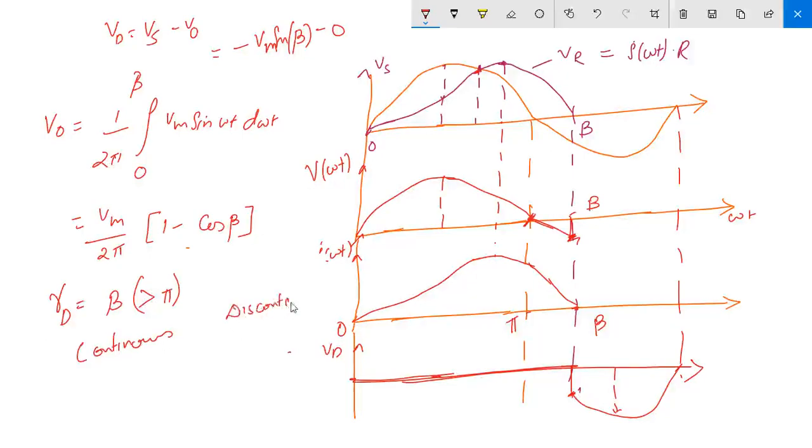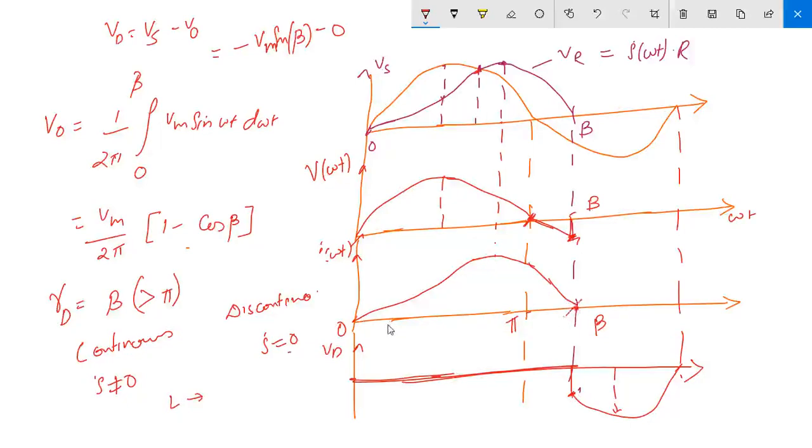If your current does not touch zero, it is called continuous, and if your current touches zero, it is called discontinuous. So it depends on the inductor value which you are putting. Now suppose here you are getting a beta here.